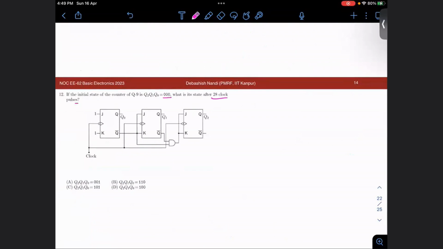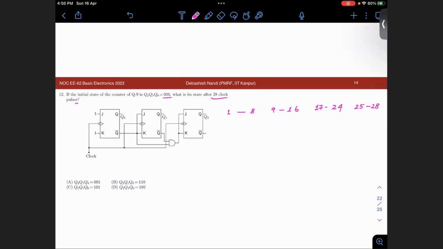So 28 clock pulses means you have 1 to 8, then you have 9 to 16, then 17 to 24, then 25 to 28.